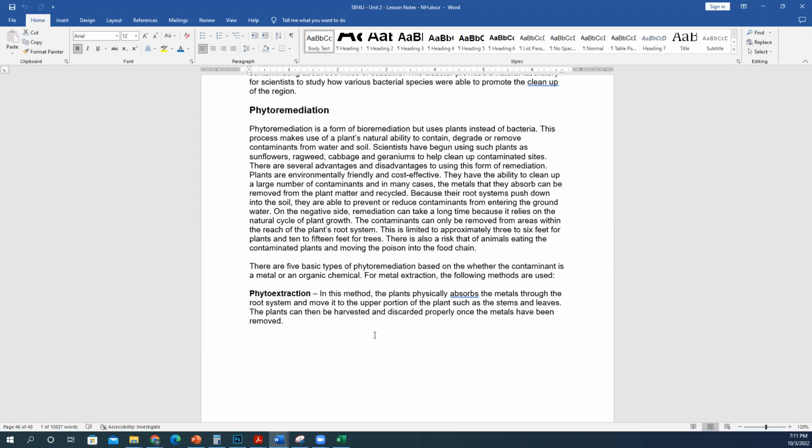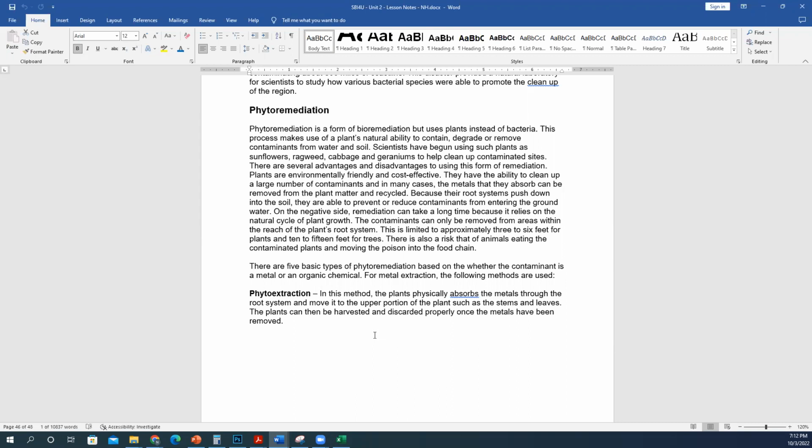This is limited to approximately 3 to 6 feet for plants, and maybe 10 to 15 feet for trees. There's also a risk of animals feeding on those contaminated plants while they are still on site, moving the poison further up the food chain.